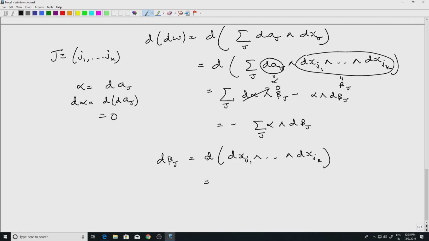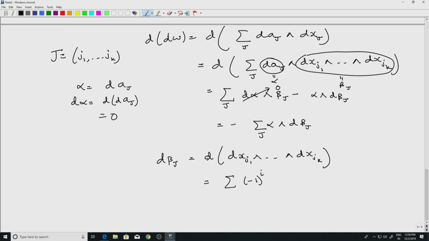So one will end up keeping all these one forms fixed and taking d of one of the in between ones. Of course, one has to start with the first one and so on. And the sign you will acquire will depend on how many forms precede that. So therefore, you can write this as -1 to the power i.